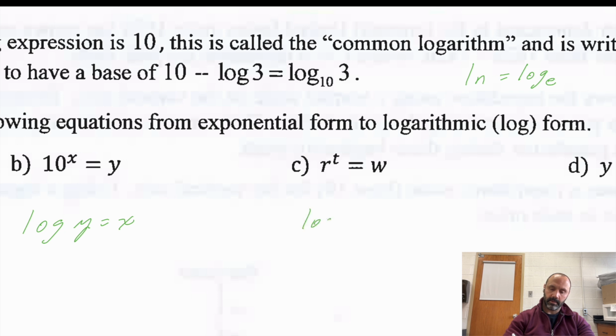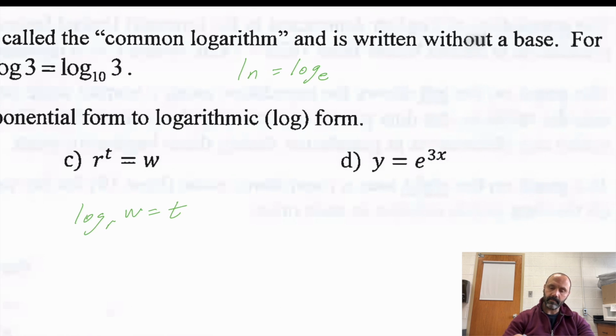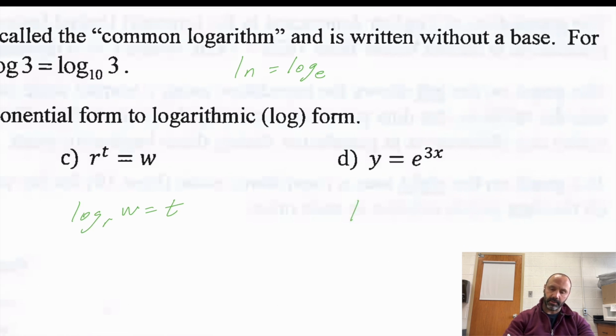Then the base is what we would normally call the base in an exponential function, so log base r of w equals t. And then ln is the natural log, log base e of y equals 3x, so e to the 3x power is what equals y.